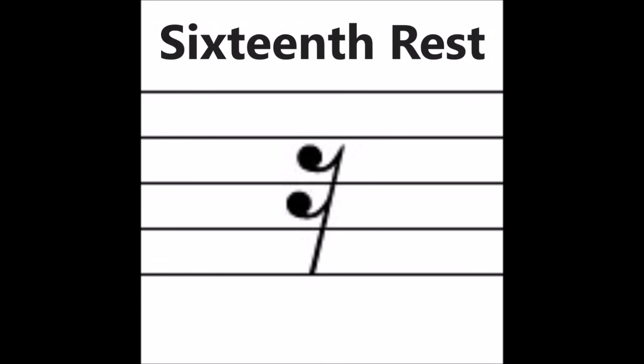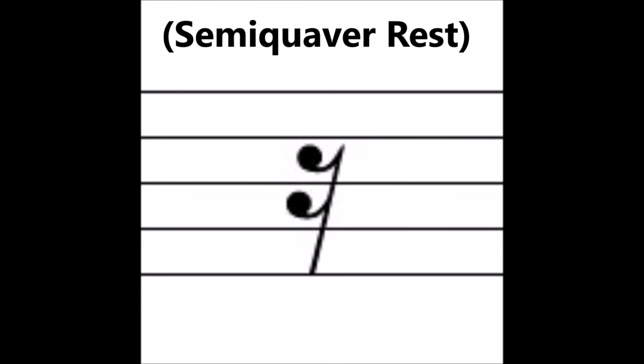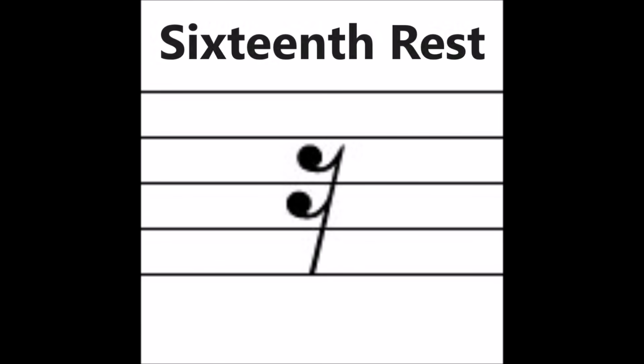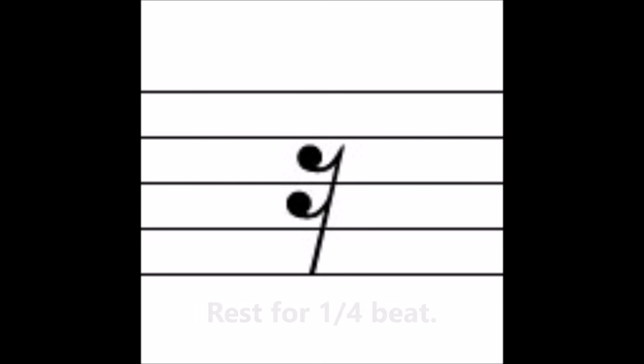A 16th rest or semiquaver rest looks almost like an eighth rest, except that it has 2 arms. A 16th rest has a value of a quarter. No note is played for the value of 1/4 of a beat or count.